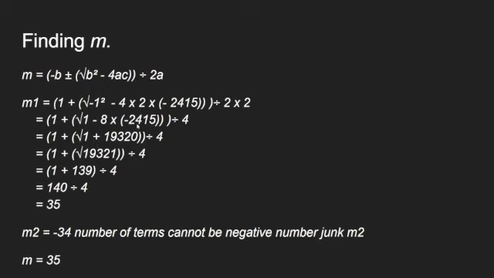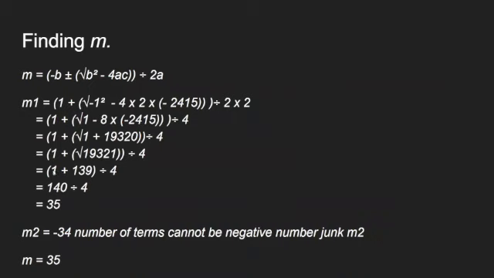So we get 8 times negative 2,415 is 19,320. And this is a positive because we had a negative times a negative. So then we have 1 plus 19,320 is 19,321. So then we get the square root of 19,321.